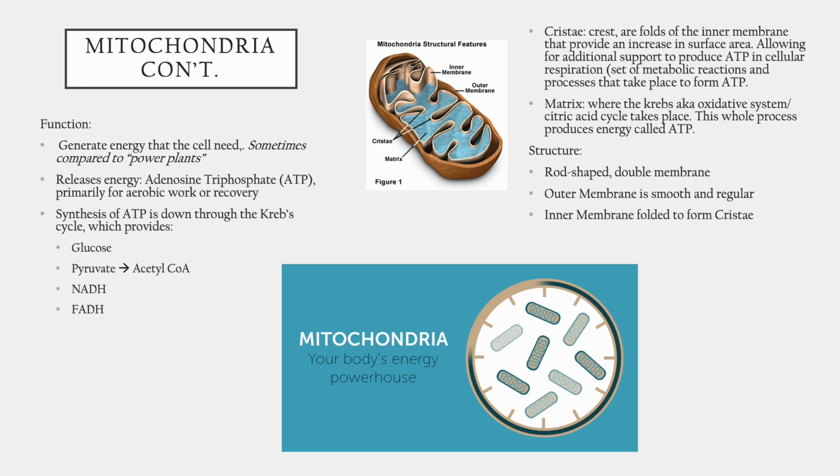Okay? Synthesis of ATP is done through the Krebs cycle, which again, we have glucose, which stems from our carbohydrate, that raw material. From glucose, we go to that intermediate step of pyruvate to acetyl-CoA, which is that final step in glycolysis. But it doubles.